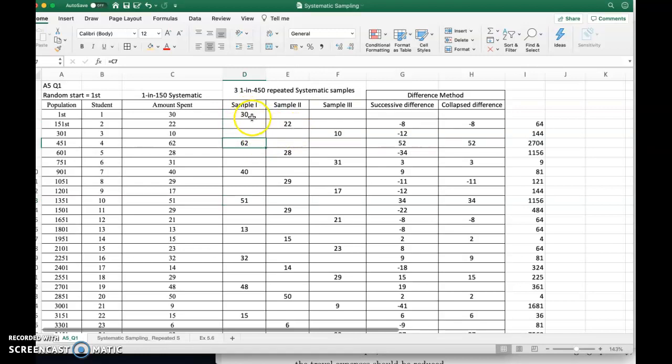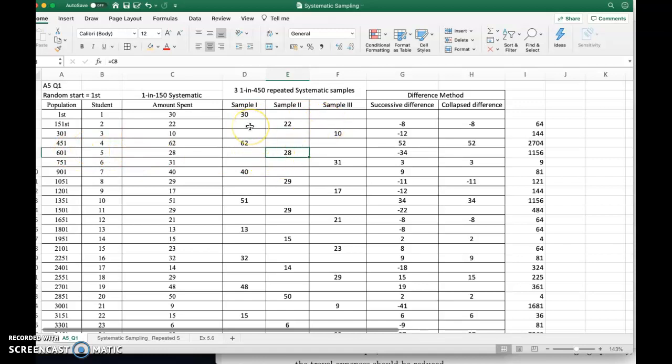So the first item would, again, be the first from the population, and then the second item in sample 1 would be the 451st, and then the 901st, etc. In sample 2, I would have the random start at the 151st, and then the 601st, etc.